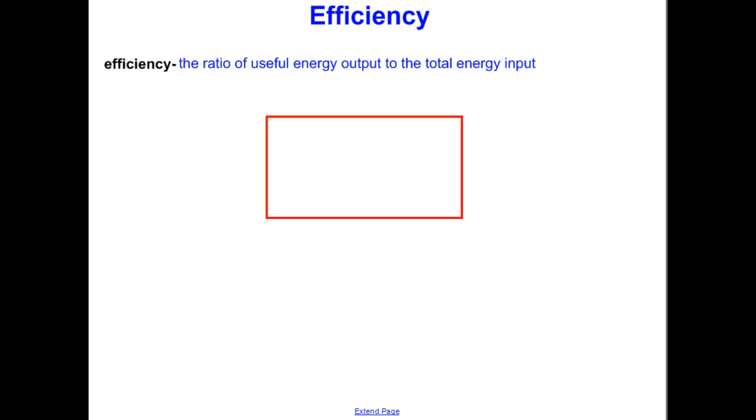Okay, so efficiency. We've talked a little bit about efficiency already when we talked about simple machines. And basically, when it referred to a simple machine, remember machines were designed to help make our life easier by making a process of doing work easier. And efficiency was basically just saying how well did that machine do in comparison to how well it's rated to do.